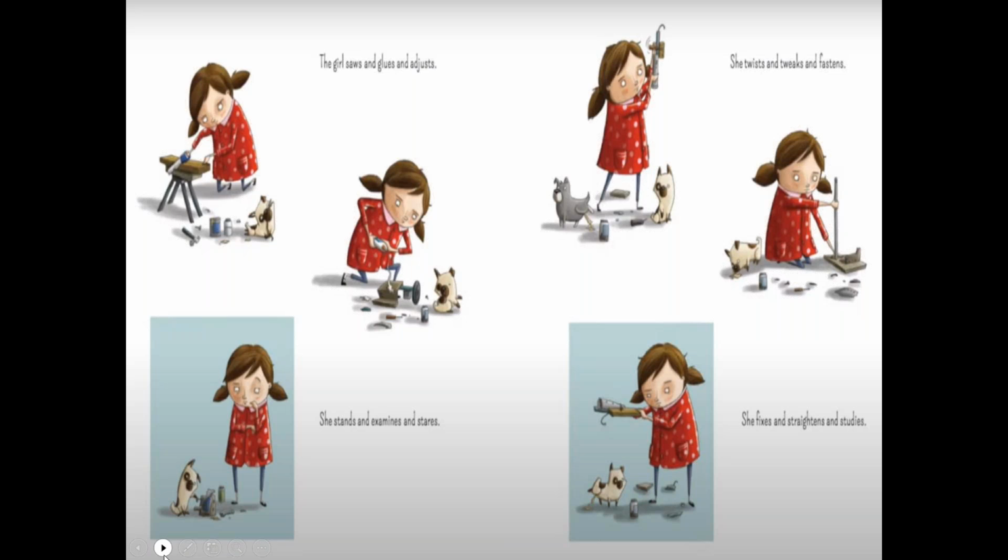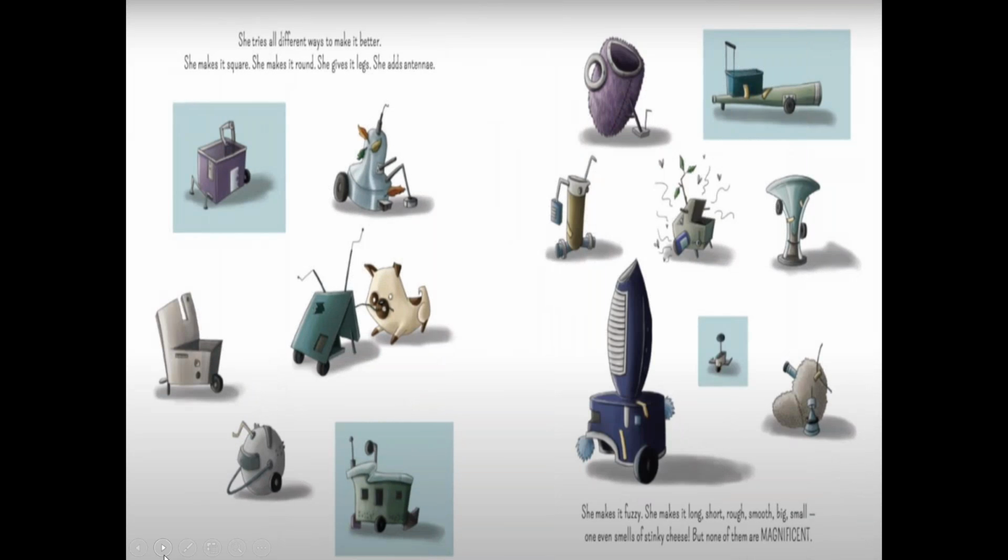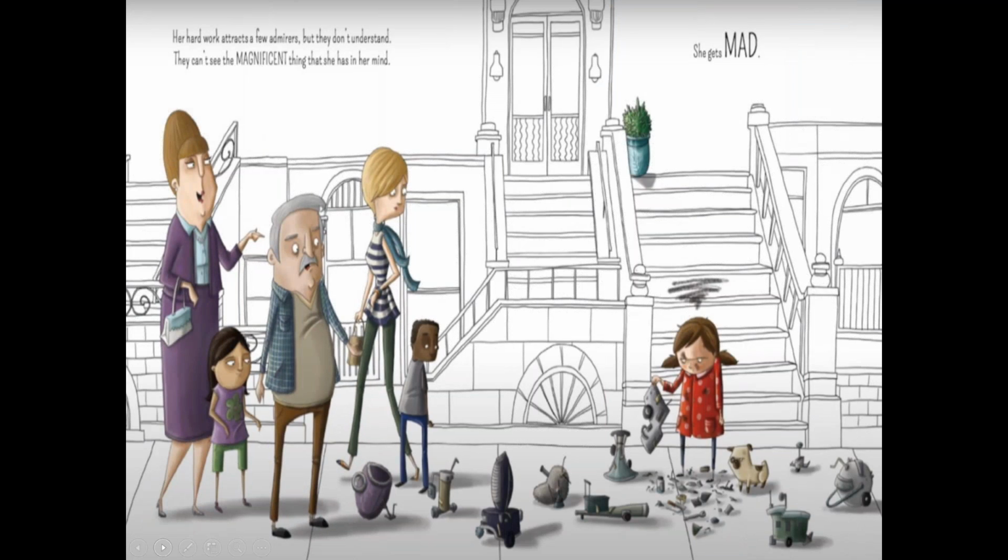She fixes and straightens and studies. She tries all different ways to make it better. She makes it a square. She makes it round. She gives it legs. She adds antennae. She makes it fuzzy. She makes it long, short, rough, smooth, big, small. One even smells of stinky cheese, but none of them are magnificent.